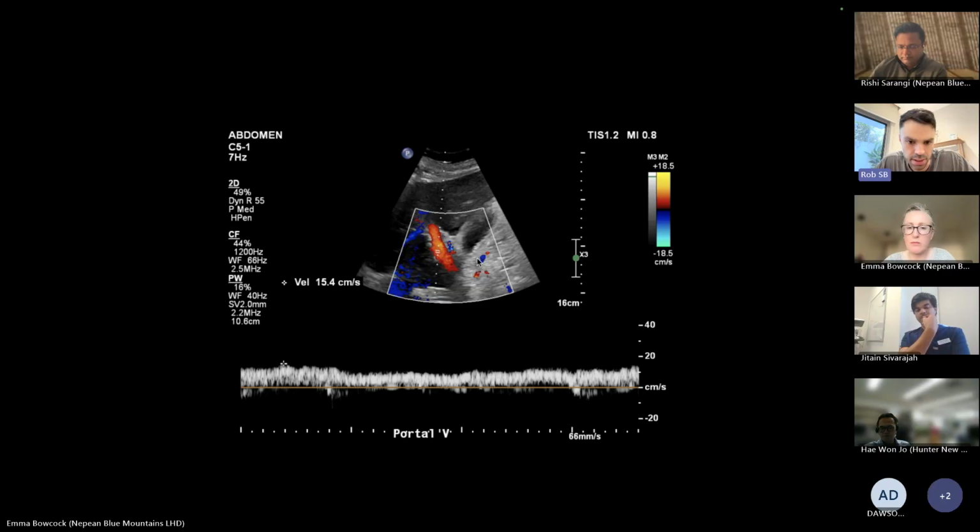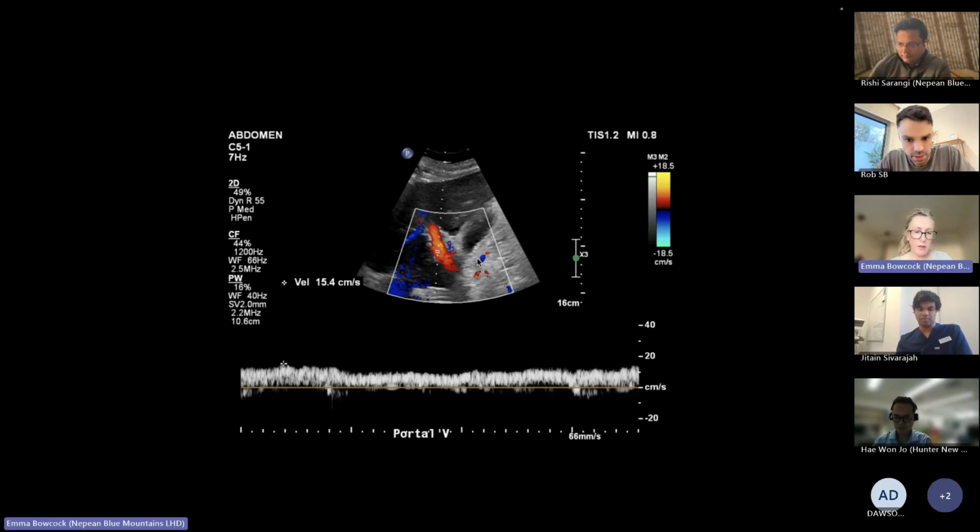This is blood flow, so spectral pulse wave Doppler of the portal vein here, which appears continuous in nature, which is normal. So it's non-pulsatile. You will tend to get pulsatility in patients who have got systemic venous congestion, but this is normal flow, so not suggestive of that.